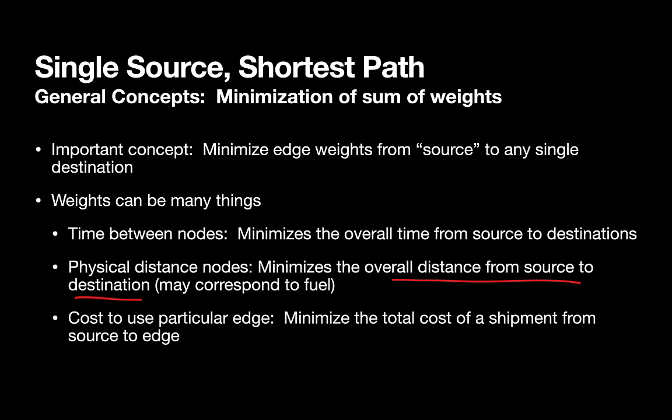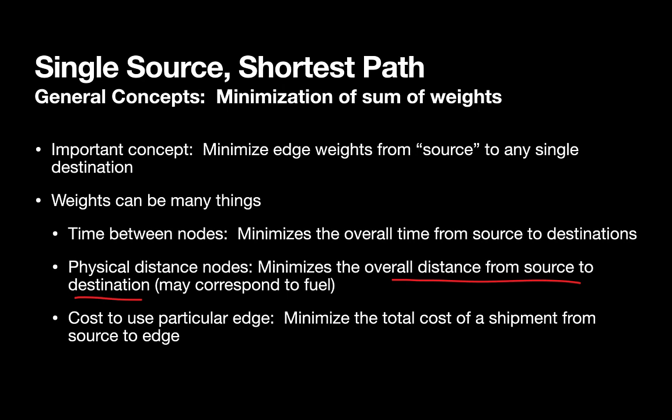It could also be more clearly monetary. It could literally be the cost to use a particular edge. So maybe we've got multiple ways of shipping things from one city to another. It could be over land, it could be by rail, it could be by air, and we want to minimize the total cost, and we don't really care which of those mediums we go through. So each arc could represent a different way of shipping something between two cities.